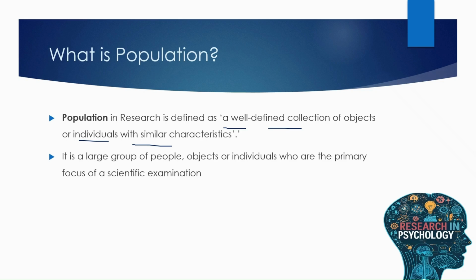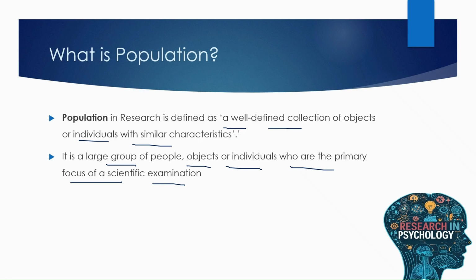It is a large group of people, objects, or individuals who are the primary focus of a scientific examination. All right. So based on your study, your objective or your purpose, you identify the population which you're going to study.